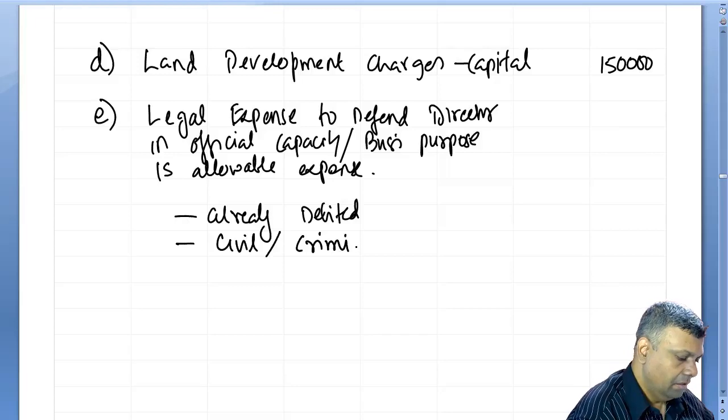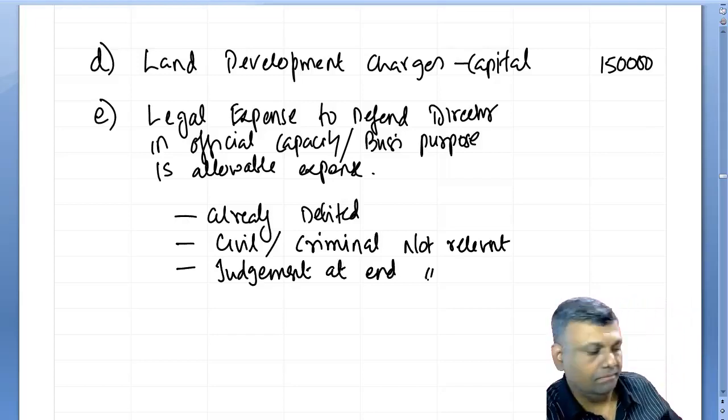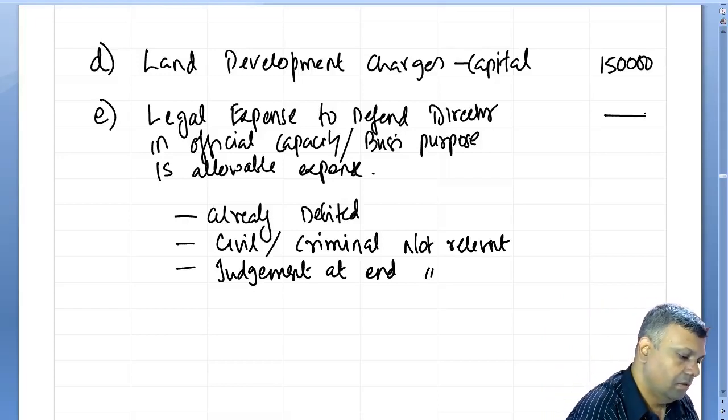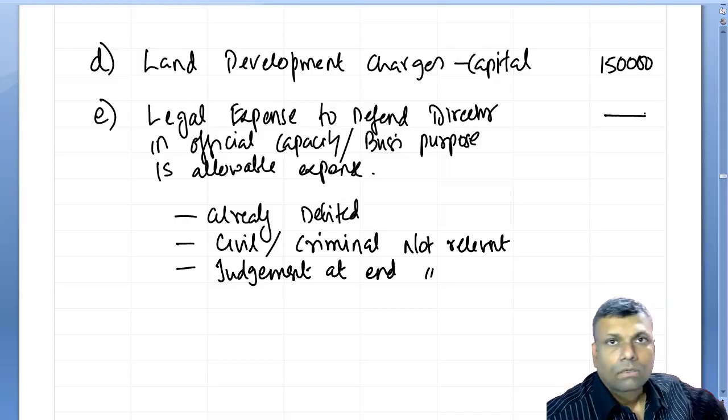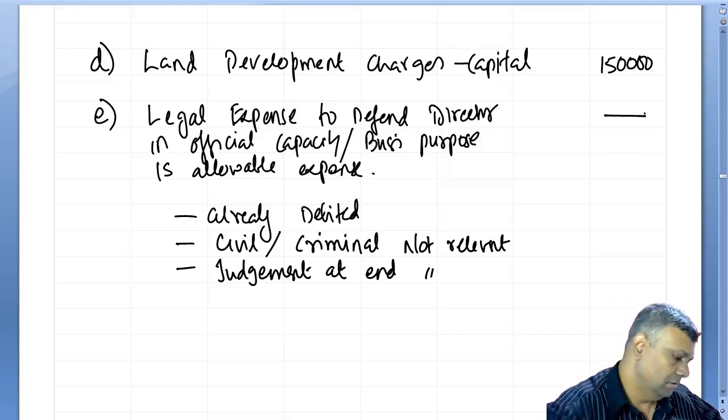Civil or criminal is not relevant. Judgment at the end is also not relevant. And so you are not required to do any adjustments because it is already an allowable expenditure and it is already debited to the P&L.